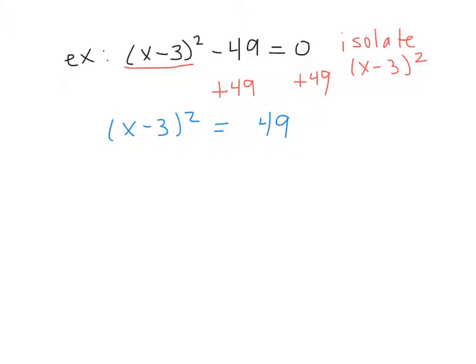And to undo the squaring on the left side, we're going to take the square root, because that undoes that squaring, and we're going to do that on the right side too. So plus or minus square root 49.